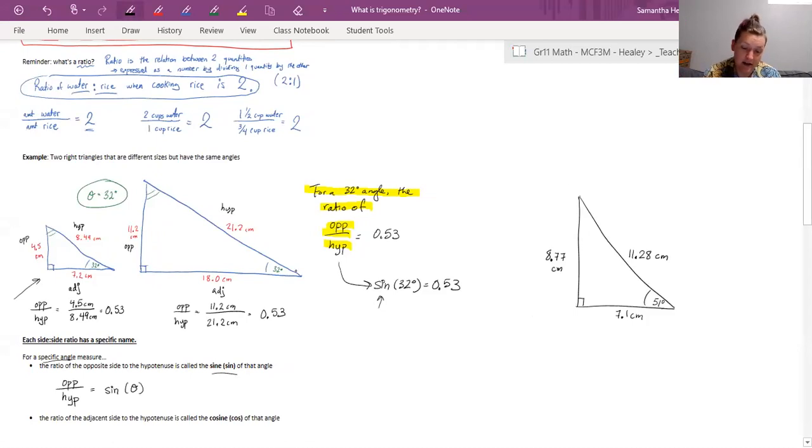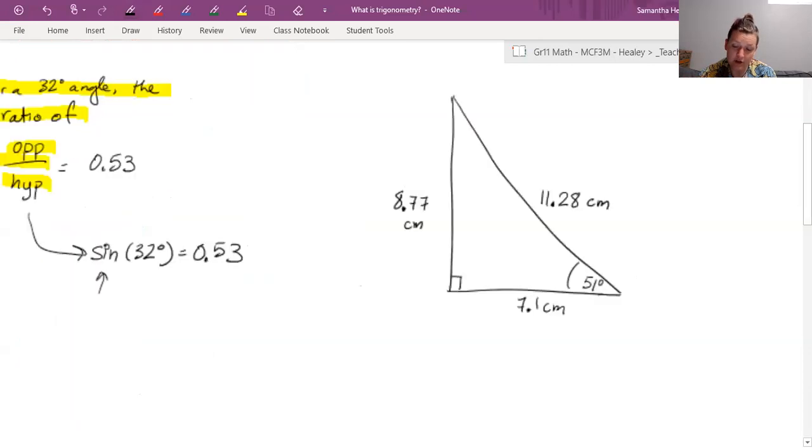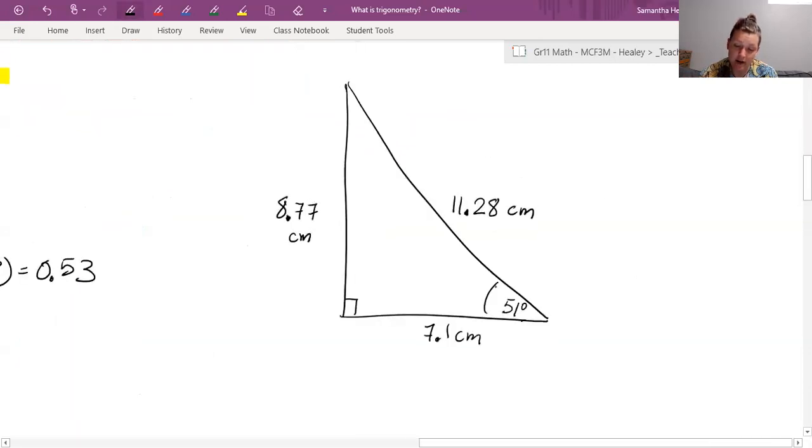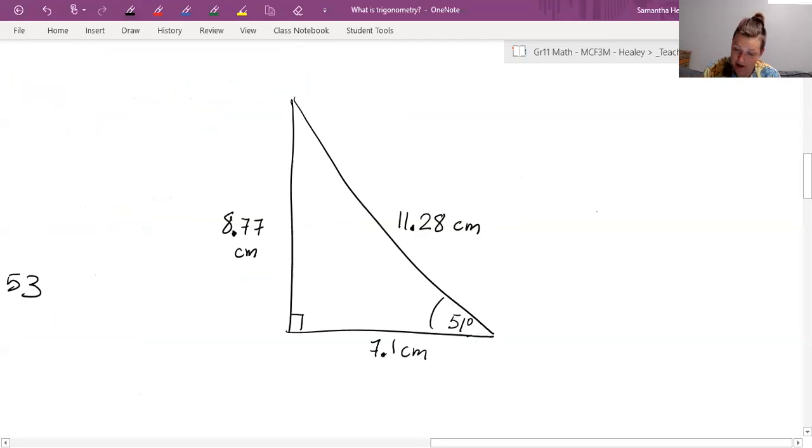They're all right triangles, but these two had the same shape because they had all the same angles. Their sides were at the same angles to each other, whereas this one is a different shape. So for this specific shape, where you have a 51-degree angle in this corner, what is the ratio of its opposite side to its hypotenuse side?